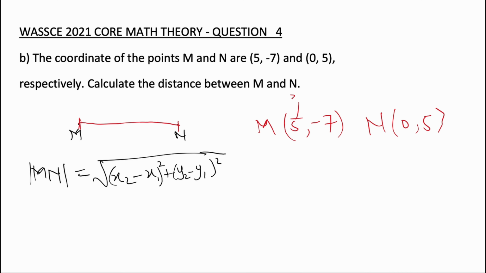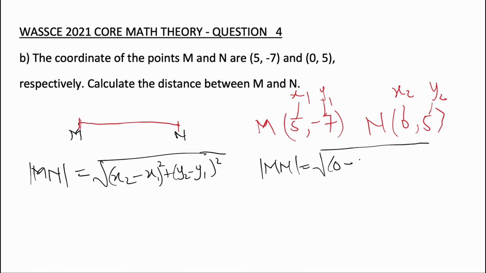Now this will be our x1, this will be our x2, this will be our y1, and this will be our y2. So the length of MN will be equal to the square root of x2, which is 0, minus x1, 5, all squared, plus y2, which is 5, minus -7, all squared.